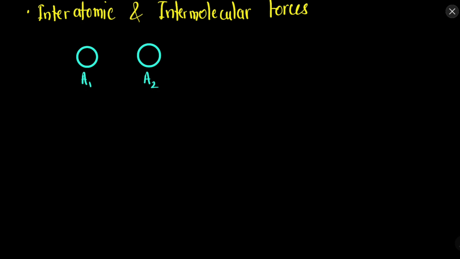Now these two atoms can have multiple different positions with respect to each other. They can be very far, they can be very close together, or they can be at a moderate distance from each other. We will try to draw the graph of the change in potential energy with the distance between the atoms.